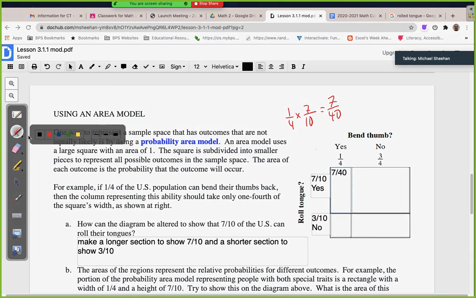All right. Let's figure out this one. What's the probability somebody cannot bend their thumb, but they can roll their tongue? Well, I'm going to do 3/4 times 7/10. And what am I going to get?